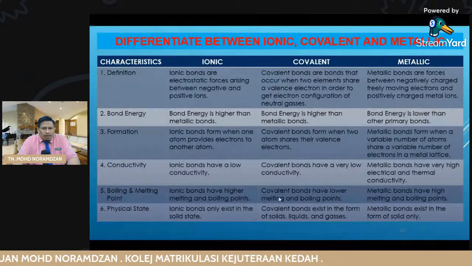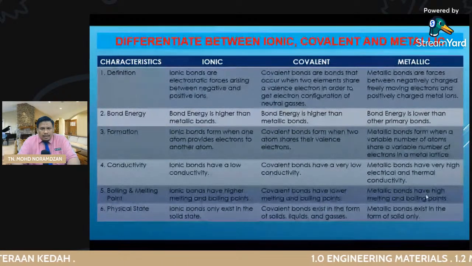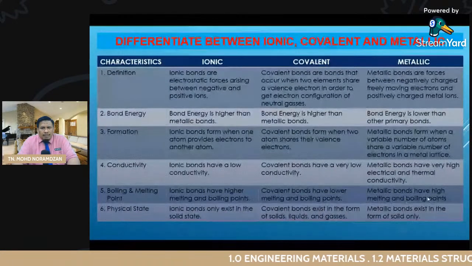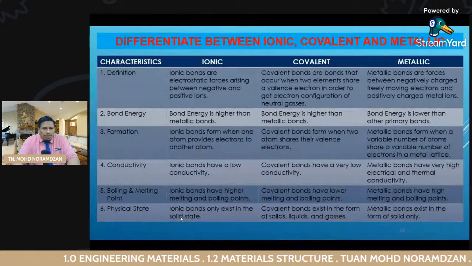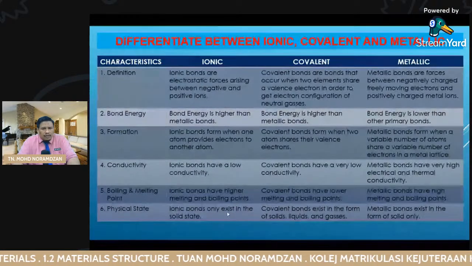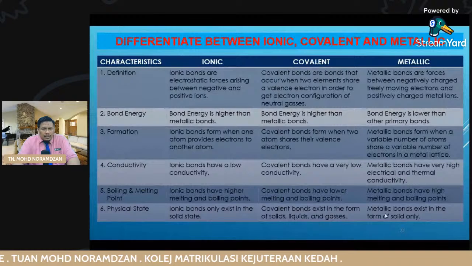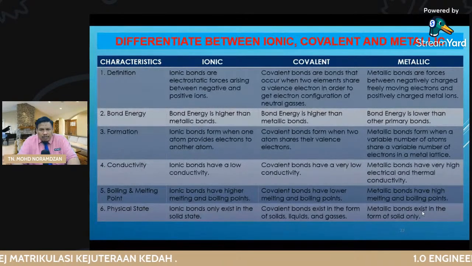Covalent bond has lower melting point and boiling point. Metallic bond has high melting and boiling point. Physical state. Ionic bond only exists in the solid state. So you must know, only exists in solid state. Covalent bond exists in the form of solid, liquid, and gases. Metallic bond exists in the form of solid only.